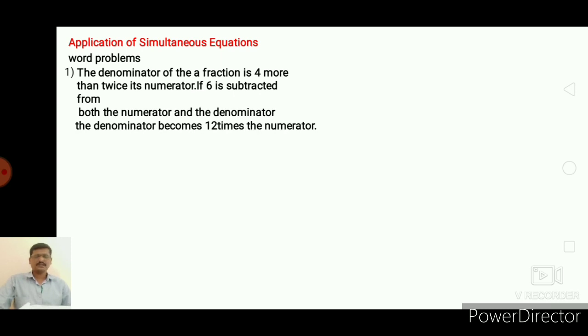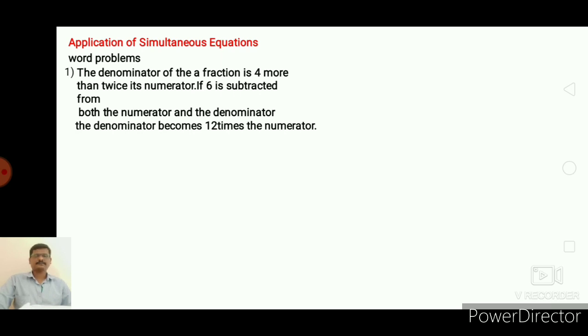When solving a word problem, first step, read the problem carefully. Identify the unknown quantities about which some information is supplied.